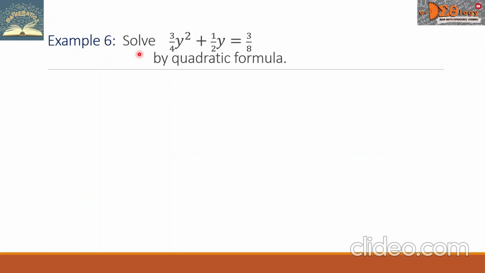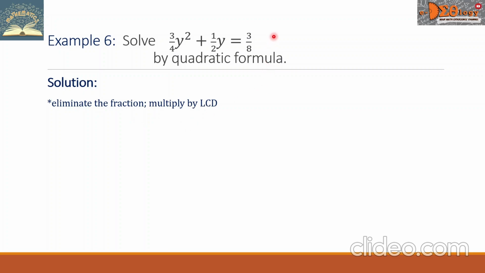Example 6. Solve 3 over 4 y squared plus 1/2 y equals 3 over 8 by quadratic formula. We can see here that our problem involves fractions. Let us first eliminate the fractions.